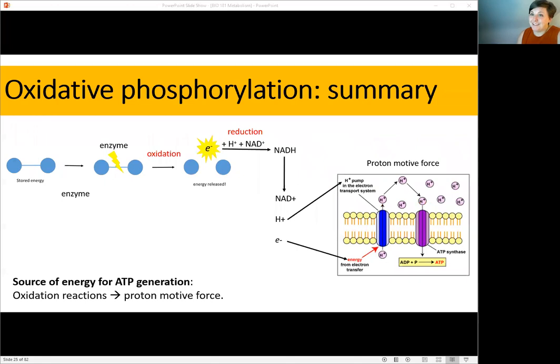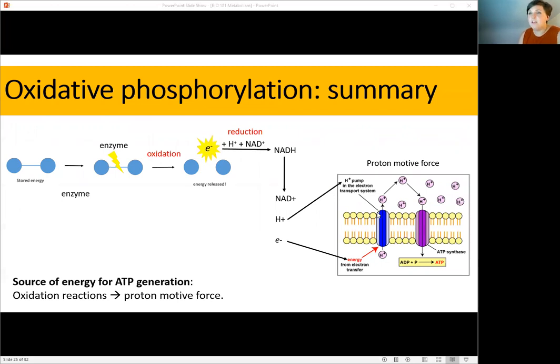So to summarize, oxidative phosphorylation is when a molecule is oxidized, releasing electrons. These electrons are bound up along with corresponding hydrogen ions by electron carriers. These electron carriers carry the electrons and hydrogens to a membrane.